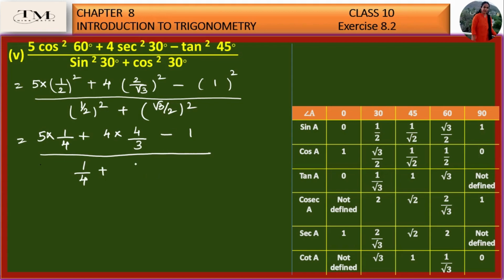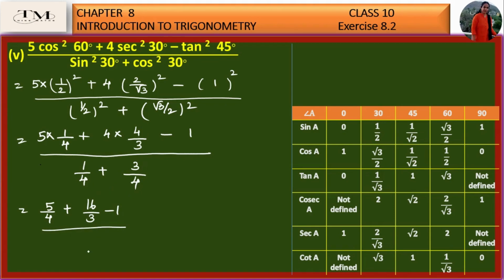Root 3 square is 3, 2 square is 4. Now we have 5 by 4 plus 4 into 4, 16 by 3, minus 1, divided by, in the denominator, 1 by 4 plus 3 by 4.